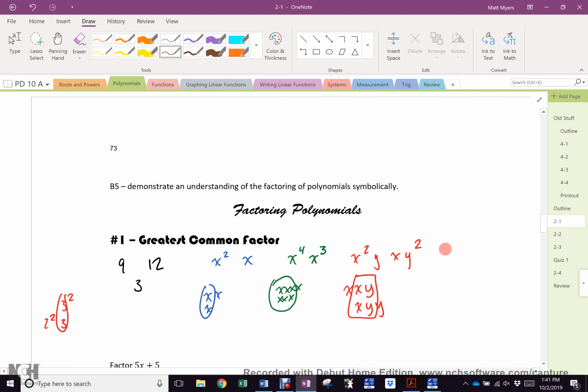Tell me what the common factor of 9x squared y squared and 12x to the 4th y cubed is. I got it. 3x squared y squared. Can everybody do this? Yes.